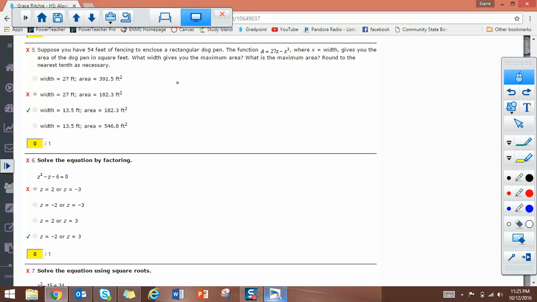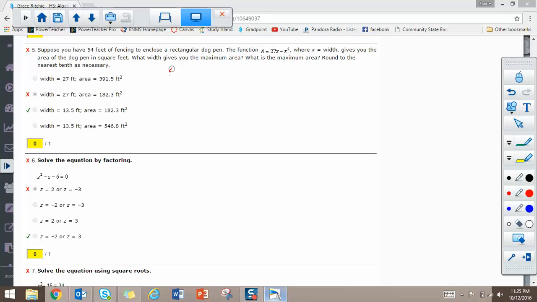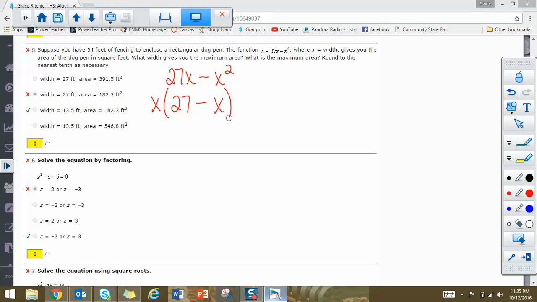So if we have negative x squared, I'll just write it the way they've written it: 27x minus x squared. If we factor this, we would take out an x, and we'd be left with 27 minus x.